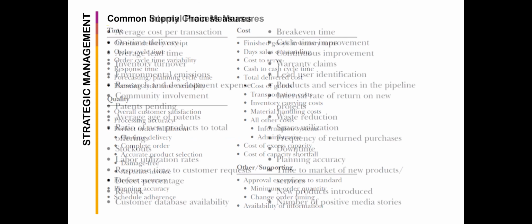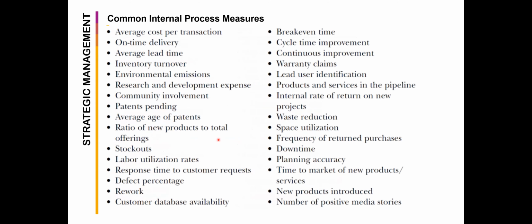Lastly, for internal process measures, we could be looking at waste reduction, continuous improvement, warranty claims, R&D expense, environmental emissions for the sustainability directions or initiatives of different companies. This is one thing that they're looking at.